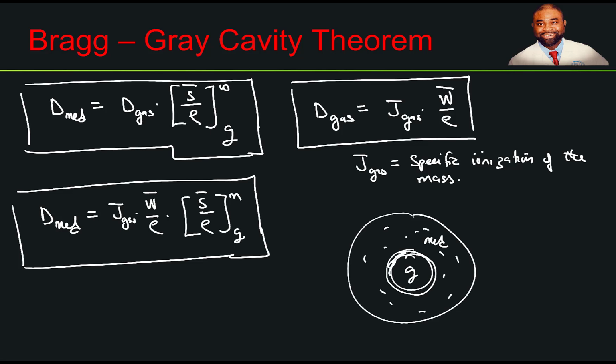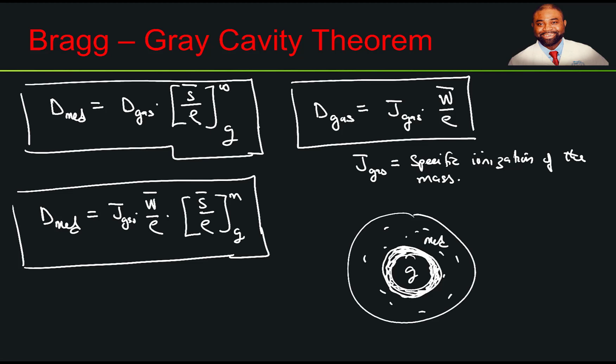We're assuming that the walls of this cavity are thin enough and that the volume is small enough such that all the particles that enter this cavity leave. But what if the incoming electrons from the medium knock off electrons in the walls of this cavity?